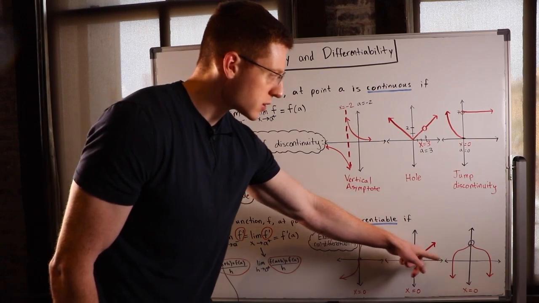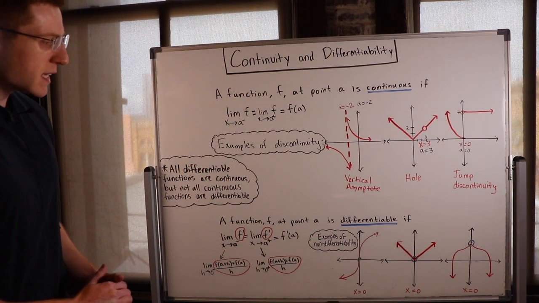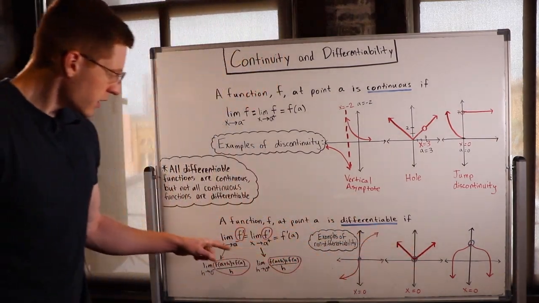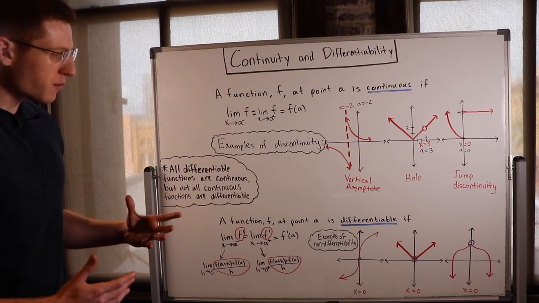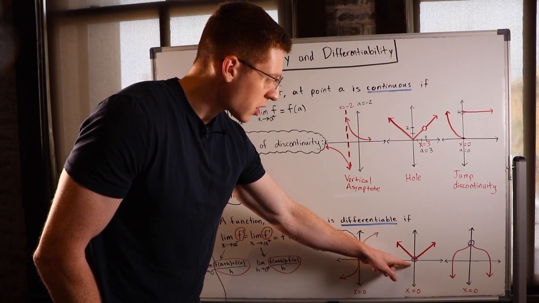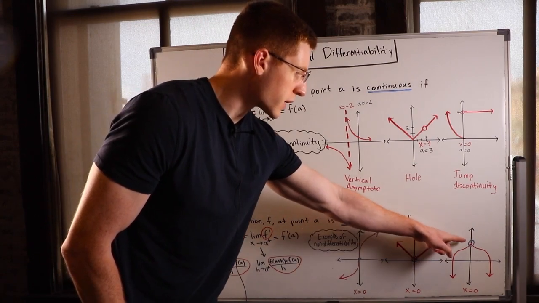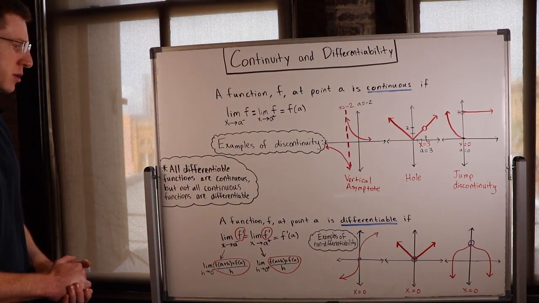These are two more examples. If you had the actual function here, you could probably make use of this rule, but usually for differentiability, it's more important that you can just look at the graph and see, okay, if I've got a sharp point or a corner or a cusp or a vertical line, those are all examples of non-differentiability.